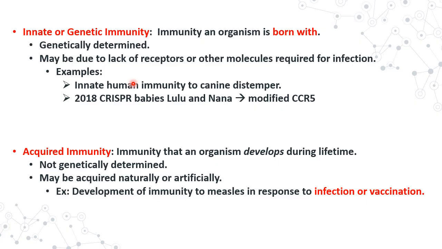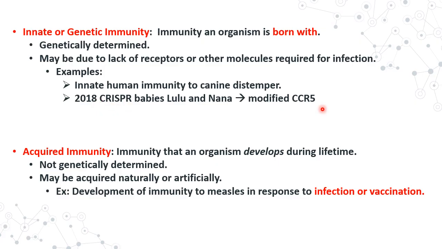Now you have different examples of innate immunities, like we're going to cover. The first thing that comes to mind is physical innate immunity, but then you have other innate immunities like internal innate immunity, for example, to these viruses that cause disease in dogs. I'm also going to mention another form of immunity against HIV infection that was developed through manipulation of the genome.